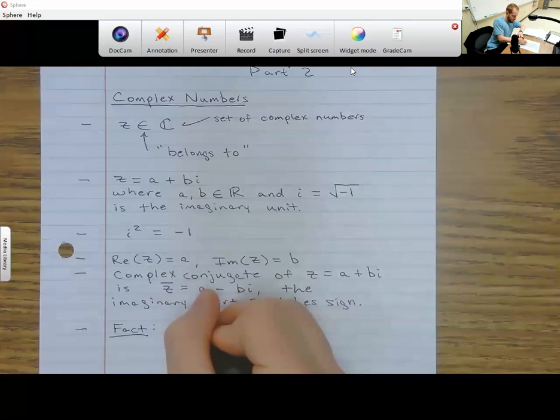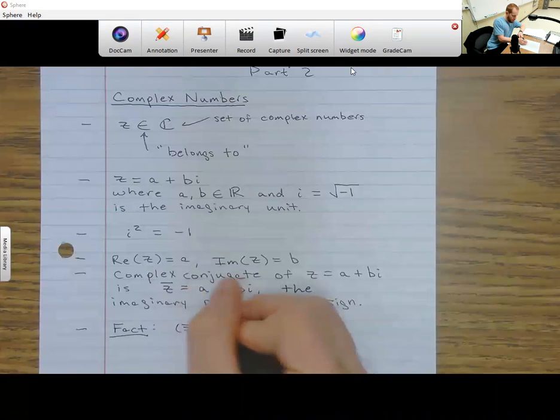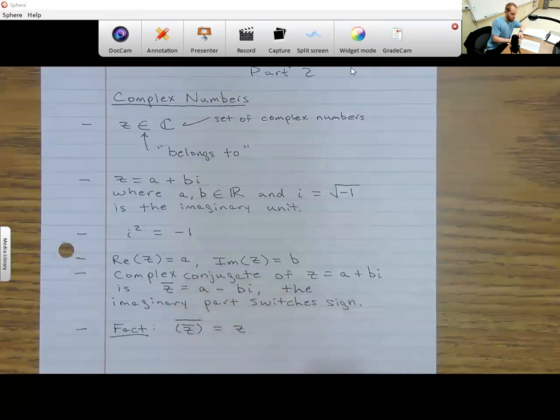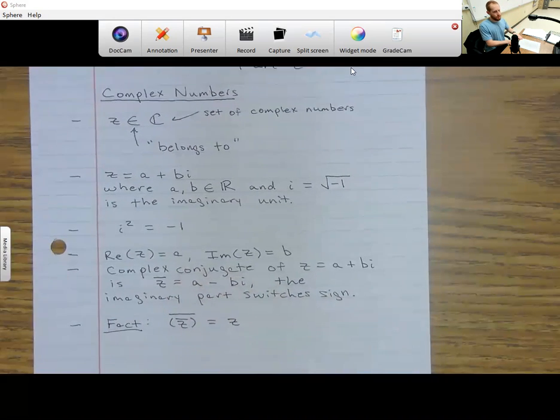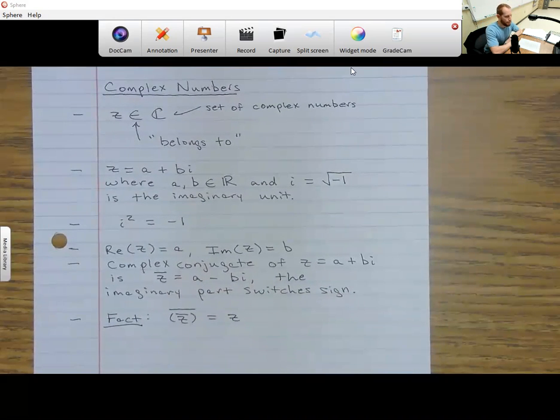Fact. The conjugate of z bar is equal to z. Okay? So what this is saying is, if you have the complex conjugate of z, and you take the complex conjugate of the conjugate, you'll get z again, right?